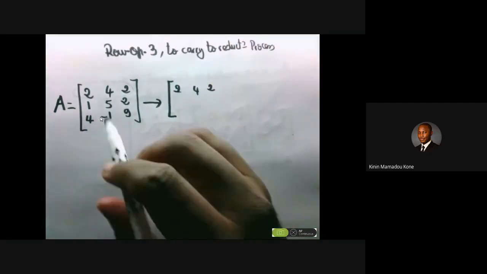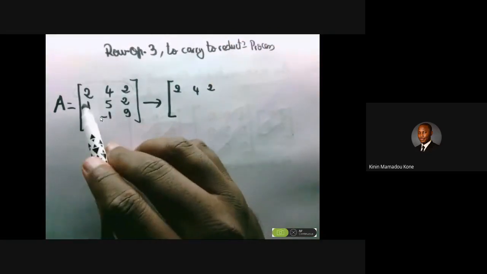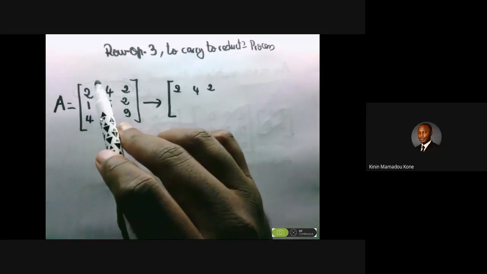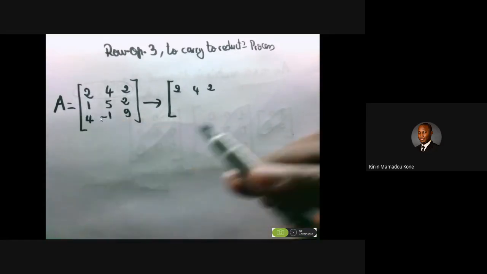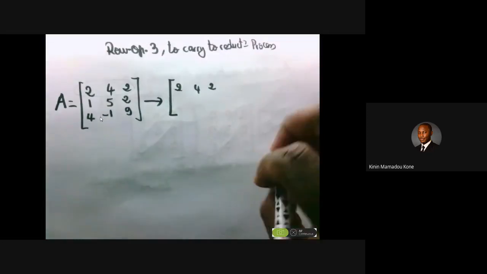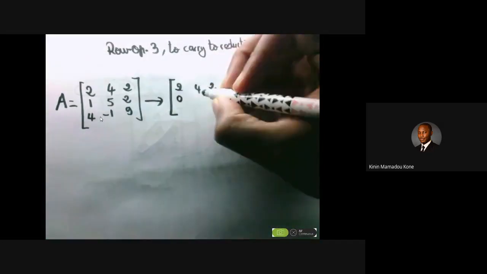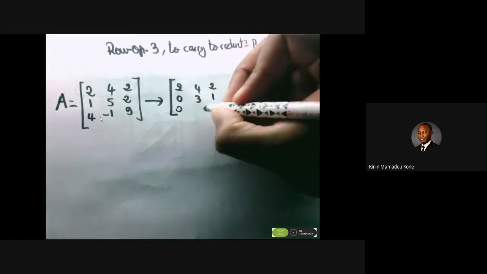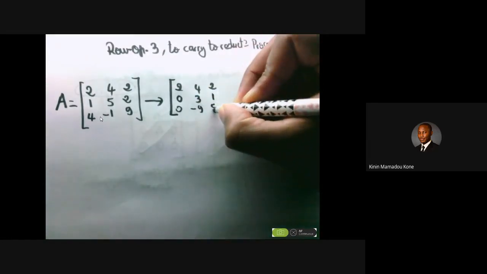So I have to do -2 row 1 plus row 2, and -2 row 1 plus row 4. If I do so, I'm going to get 0 here, 3, 1, 0, -9, and 5.